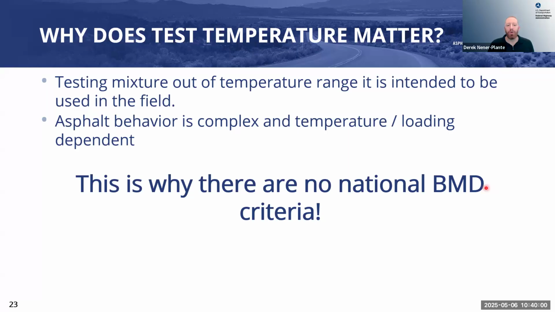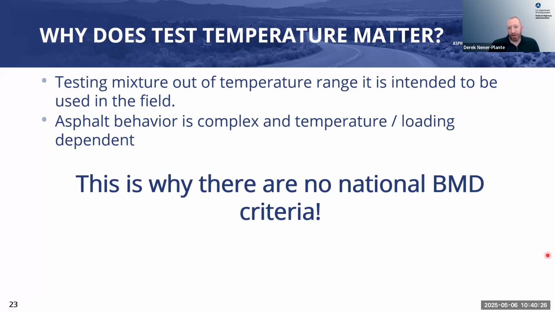We got one, and for the most part, we had always heard people tested the Hamburg at 50 degrees C. So that's what we started doing. We put all our mixes in, just messing around with it, every Maine mix at 50 degrees C. And they all absolutely got destroyed right away. Immediate passes down to failure.